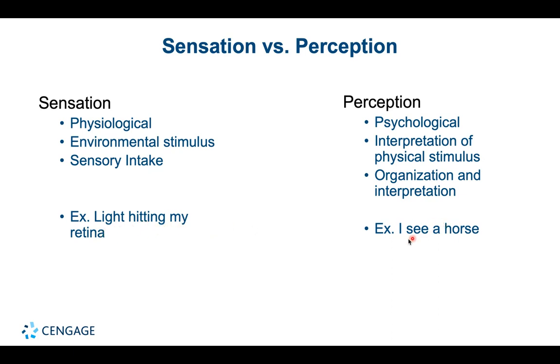We're talking about the fact that you see a horse. So seeing the horse that's outside your window is a perception. The light that's bouncing off of that horse and then hitting your retina is sensation. So sensation, physiological; perception, psychological.